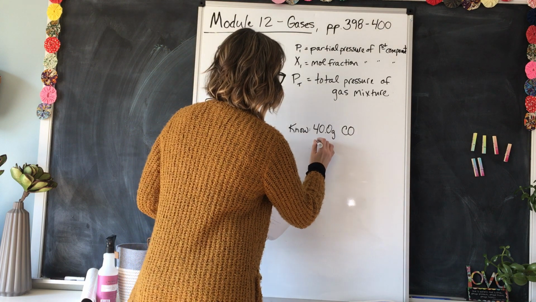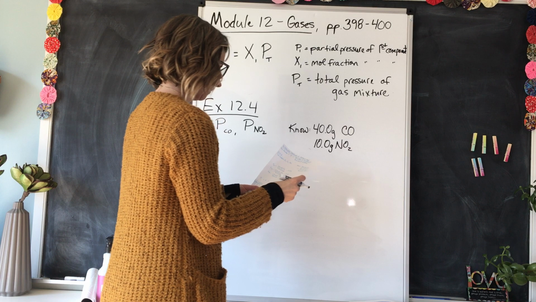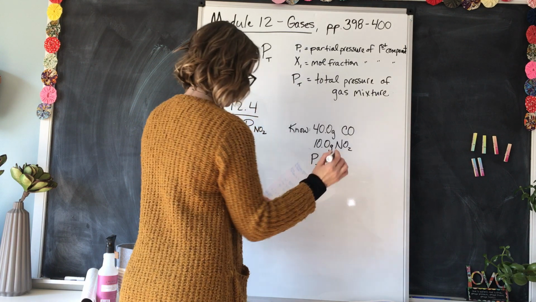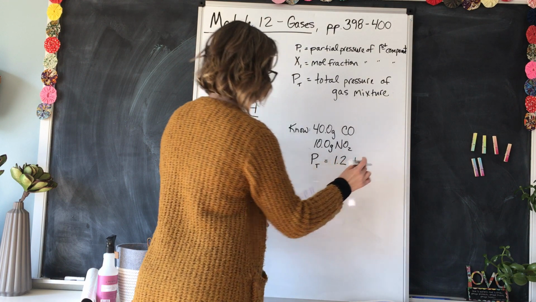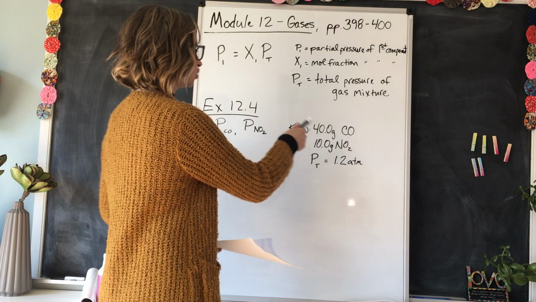And we know we have 10.0 grams of nitrogen dioxide. And we know the total pressure, P total, equals 1.2 atmospheres. All right, so let's get started with converting those grams into moles.